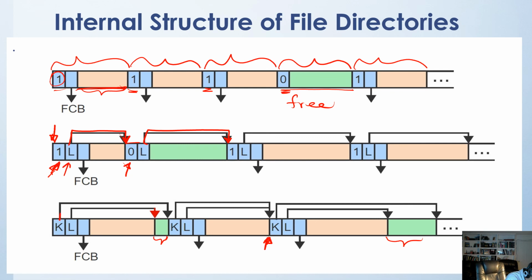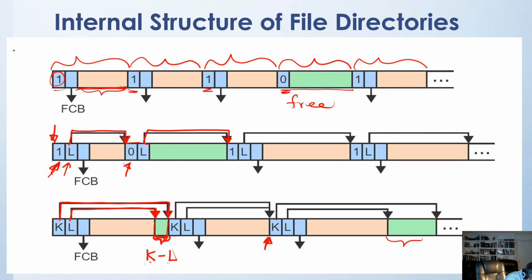One points to the end of the entry, and the second points to the end of the file name. So the hole is the difference between K and L. If K is bigger than L, then K minus L is a positive number. That's the length of the hole.